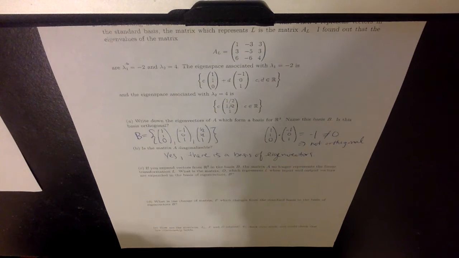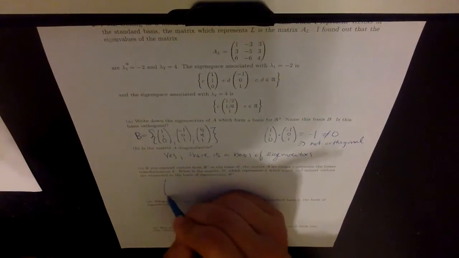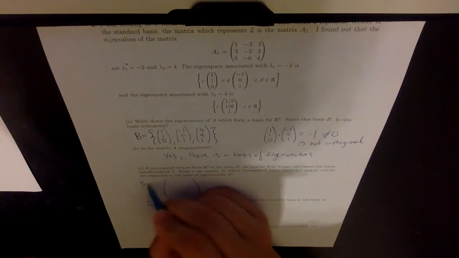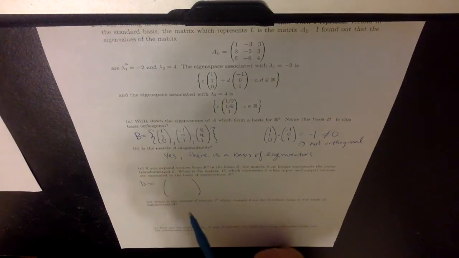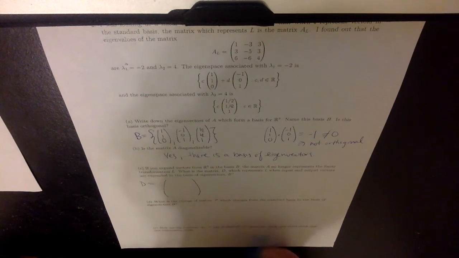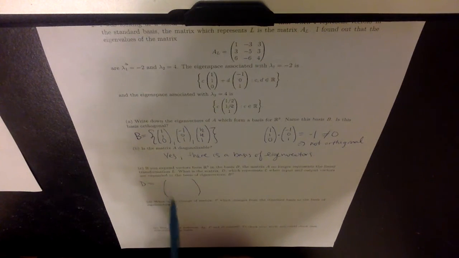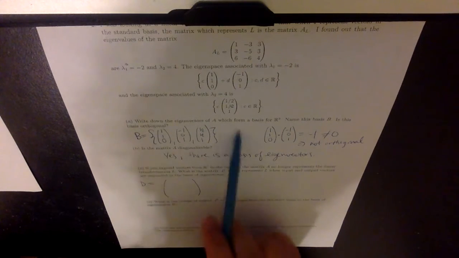And the diagonal entries are just the eigenvalues associated with the eigenvectors. So the diagonal matrix here in this case is just going to have the eigenvalues on the diagonal, and the eigenvalues occur in the order that we ordered the basis.